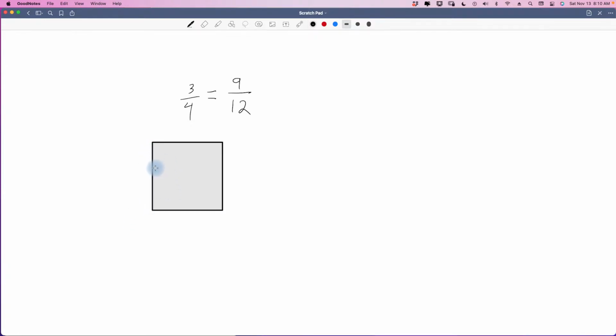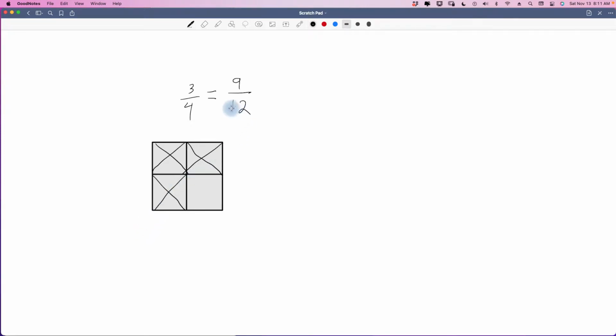All right, if I have, let's do 4 boxes. That'll be a little bit easier. All right, so I have 4 boxes. That's the total number in the denominator. The denominator is always going to be the total number down here, right? 3 is how many we have. So we have this one, and we have this one, and we have this one, right?